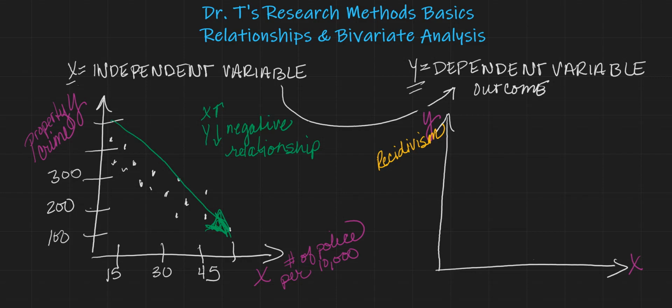We think that just maybe the number of social service programs in a city that are geared towards reducing recidivism have something to do with changes that we see in recidivism. So we take a look at a whole bunch of cities or a whole bunch of states, and we're looking at how many social service programs that are focused on decreasing recidivism are in a city or a state.